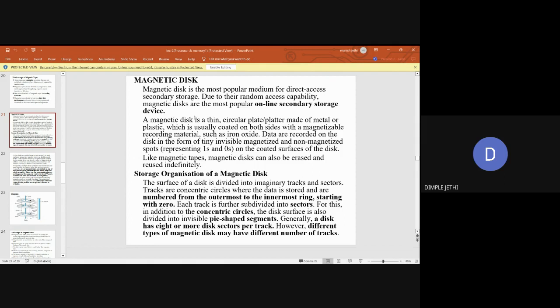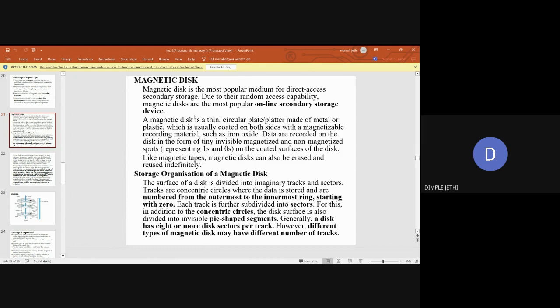The address is its track number and its segment number. Whenever you save the data, it will get saved on some particular track and some particular segment on that track, and whenever you search for it, it will go to that particular track number and the segment inside that track, and then read the data stored at that address.